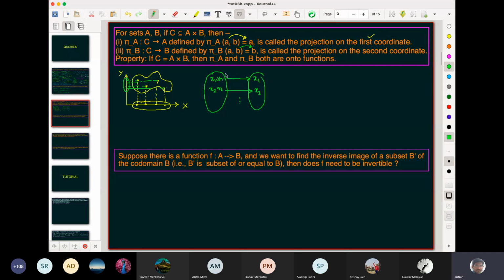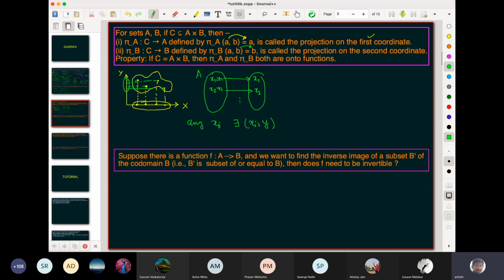Now, if this contains every possible combination, then for every x1, I have a corresponding x1 comma something here. For x2, I have a corresponding one. So take any xi, there exists an xi y in this set.